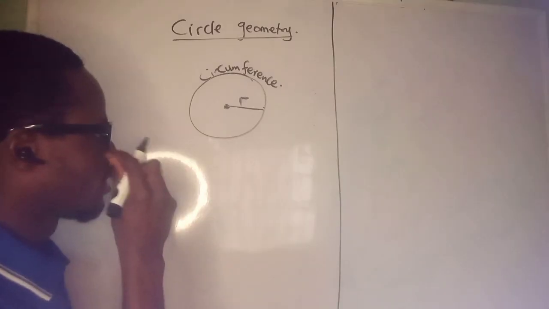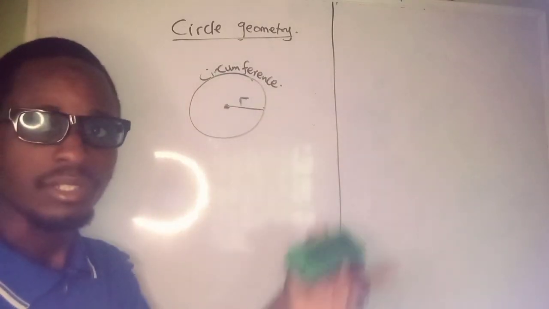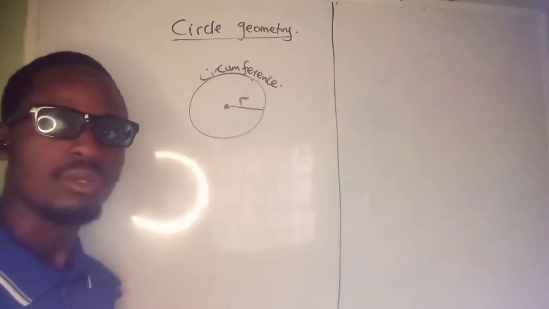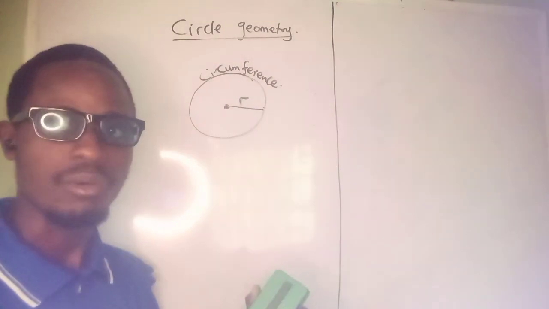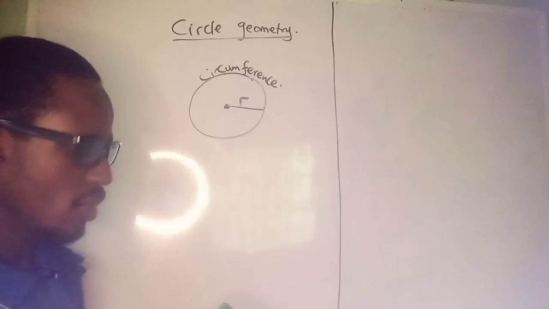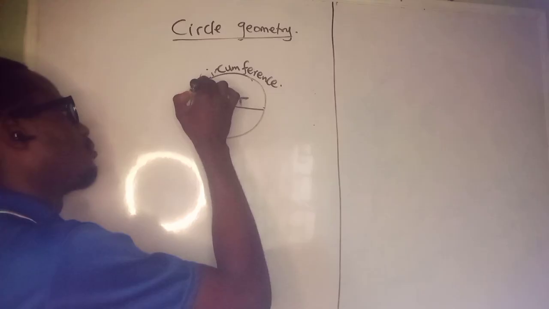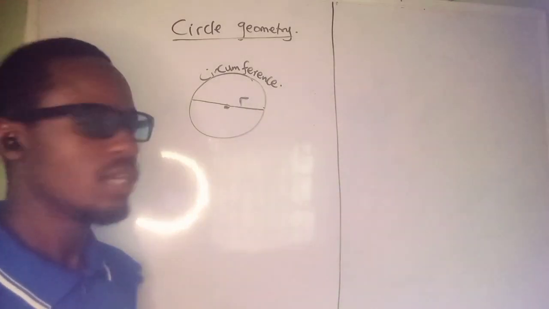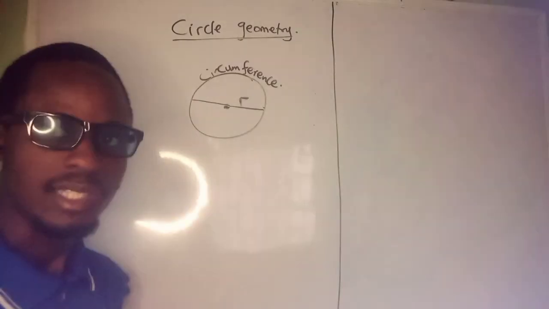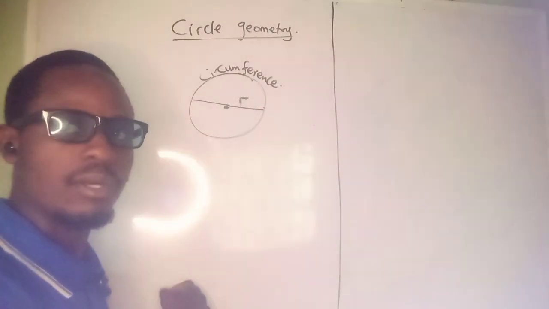Don't forget that the radius could be drawn from the center to any point on the circle. If you draw two radii, you have divided the circle into two, and that forms a diameter. So if I draw another radius here, I've divided the circle into two parts. The first part is called a semicircle and the other part is a semicircle as well.